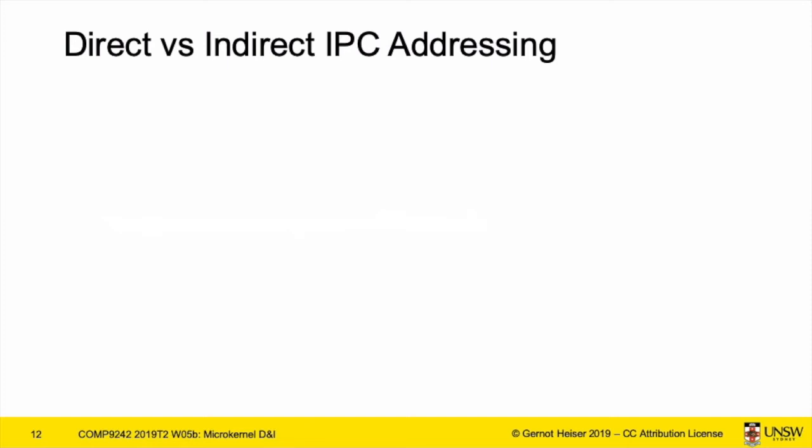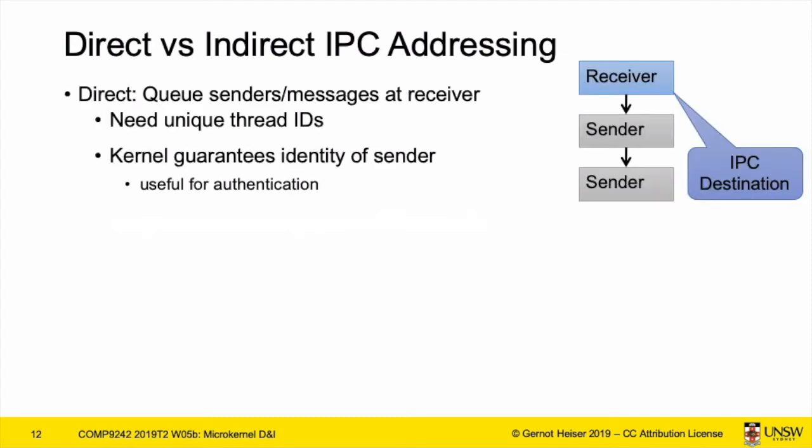You need to denote the destination where the message is going. And of course, in seL4, we have these endpoints for doing that. In the original L4, they used the receiver thread ID as the destination. So the thread IDs were global names in a global thread ID namespace, and you addressed an IPC to such a global thread name.